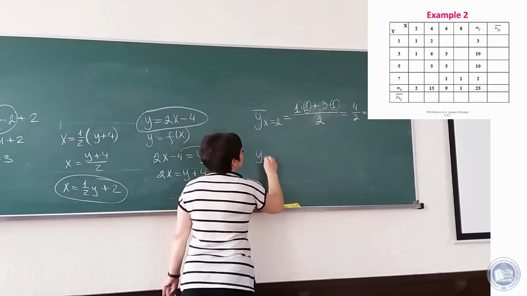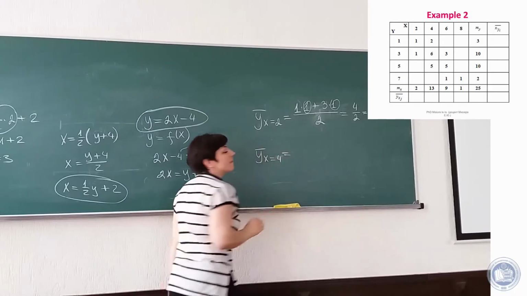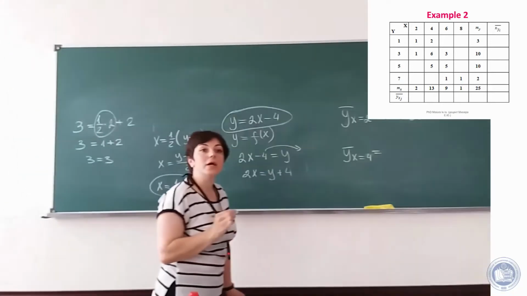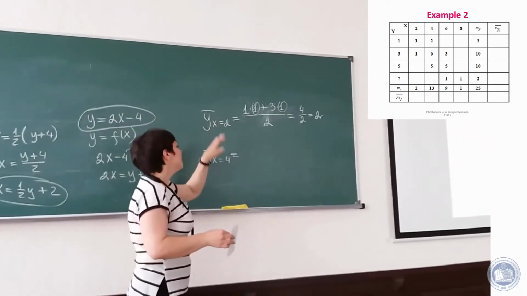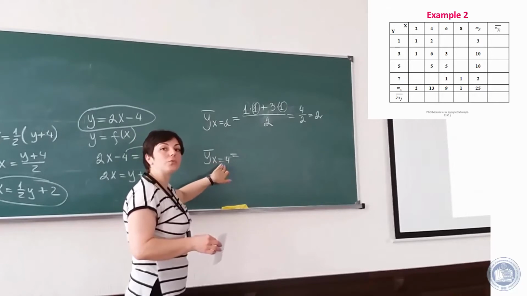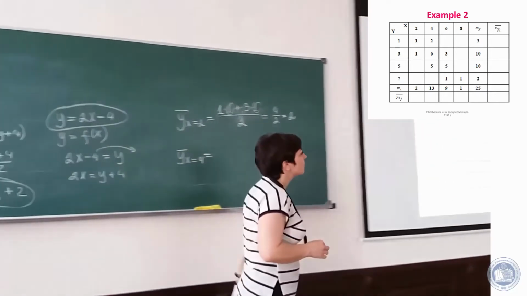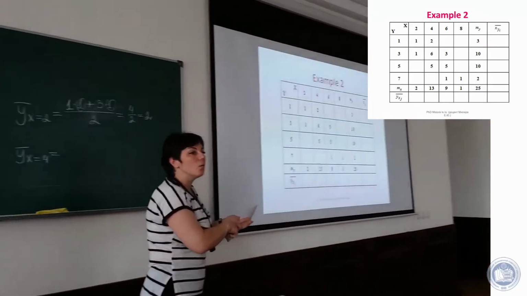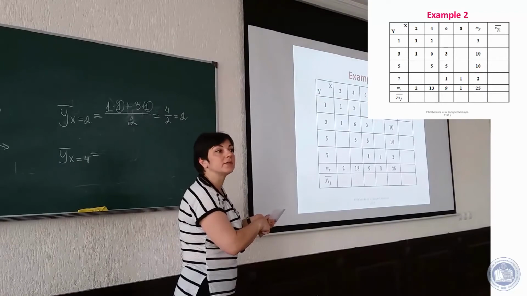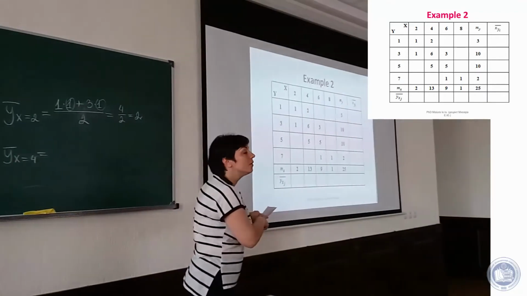Like this, students, please find the next conditional mean. Conditional means, for example, if x equals 2, то есть при каком-то конкретном условии. Let's take x equals 4. If x equals 4, you can take y equals 1. Next, y equals 3 and y equals 5.